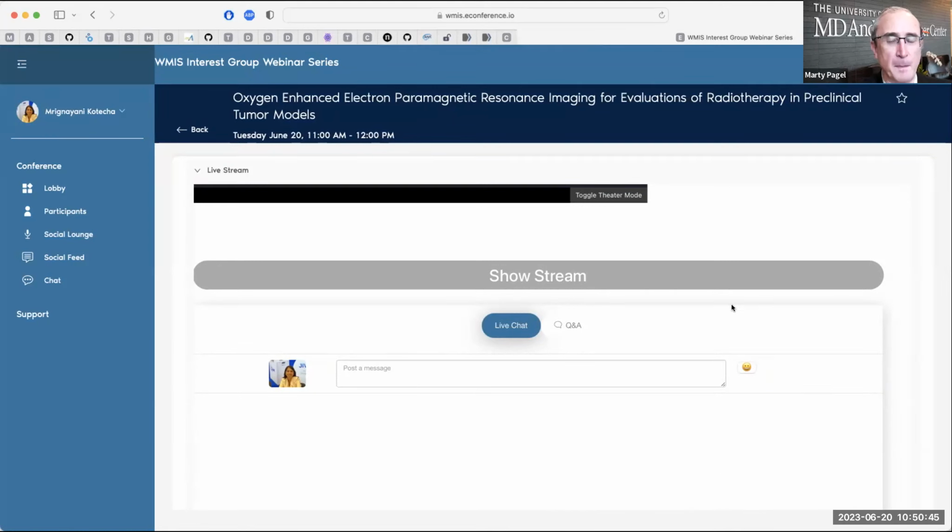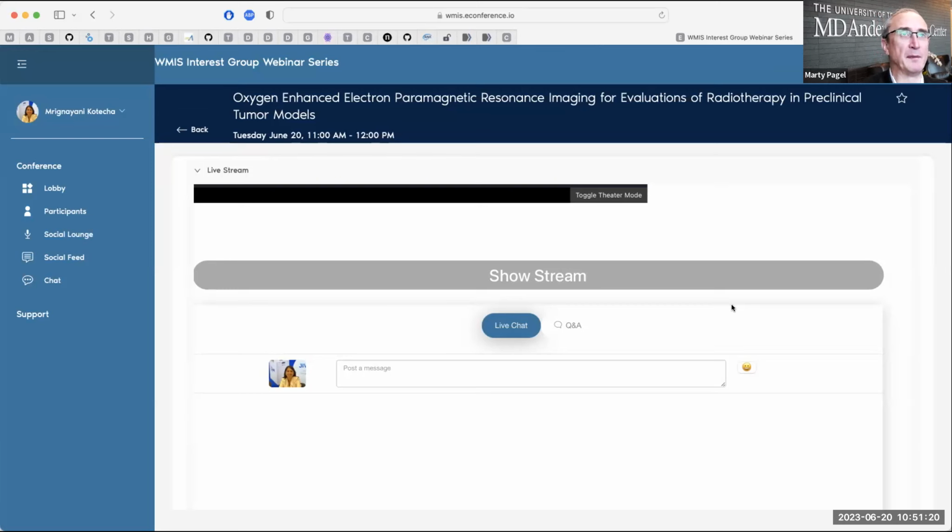Since you already know the difference between medical air and 100% oxygen, in future we can probably rely on one. Yes, very much. In fact, for many of our studies of radiosensitizers, we only use medical air, 21% O2. We want to see how much oxygen is going into the tumor based on the radiosensitizer, and therefore there's no need to blow more oxygen into the tumor in that case.